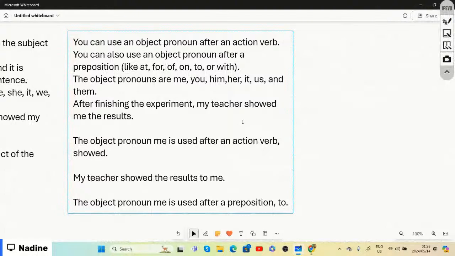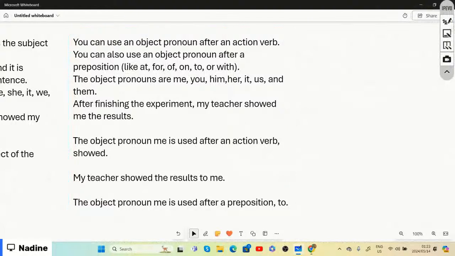And remember, we said object pronouns come either after the action verb or after a preposition such as at, for, of, on, to, with. Your basic common object pronouns are words such as me.